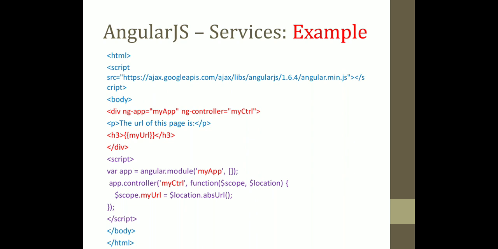Then in the script we have created an object or variable, var app equals angular.module method, with myApp, and we have passed an empty array. Then with this app object we are creating the controller, app.controller, myController, the same controller we are calling here, and a function.